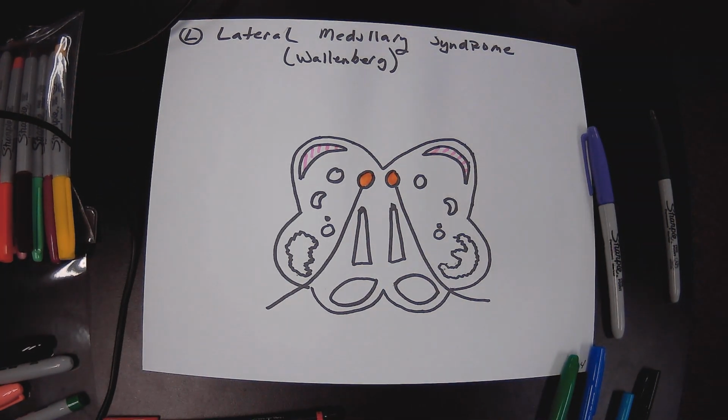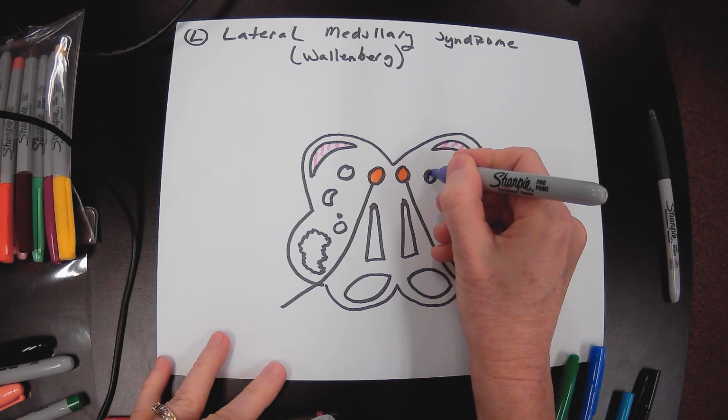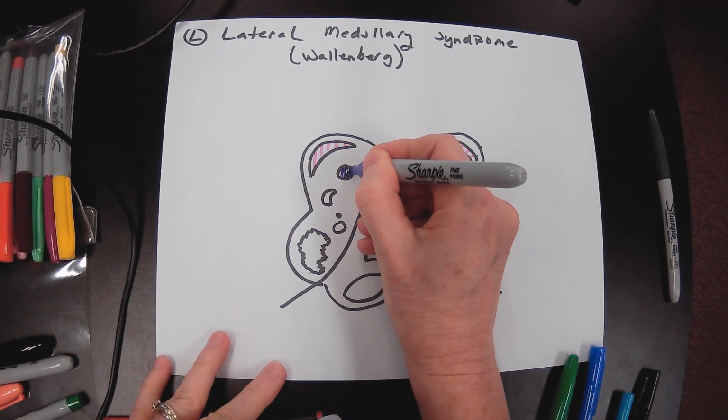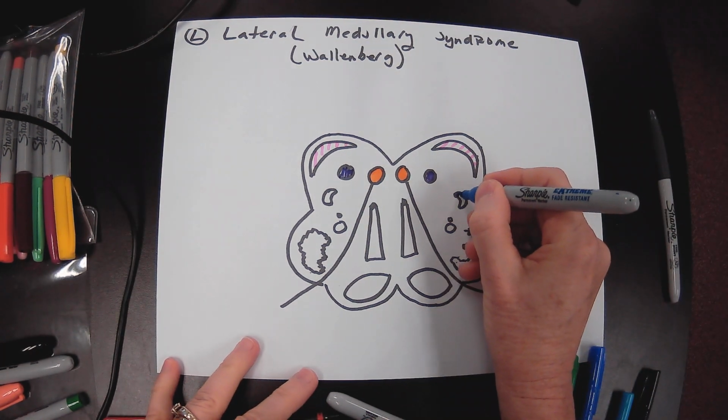Try to use the same colors. Okay, here's your nucleus ambiguus. Here's your spinal nucleus of trigeminal. It was blue.